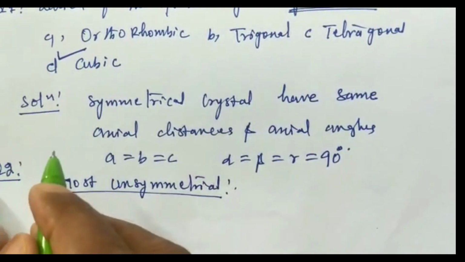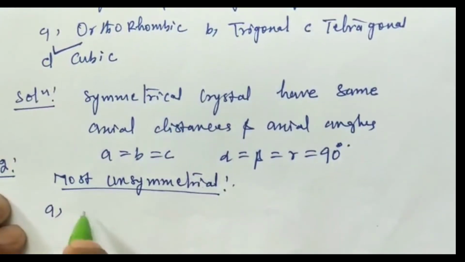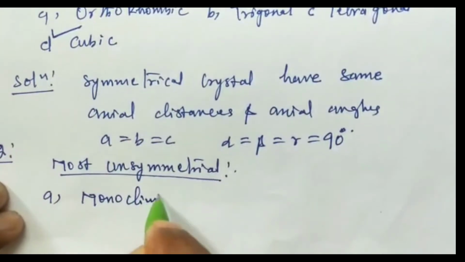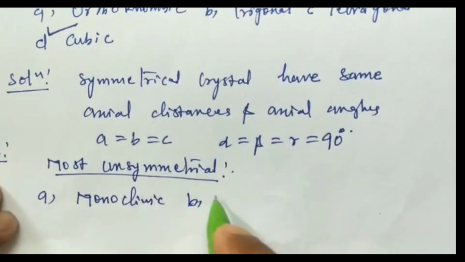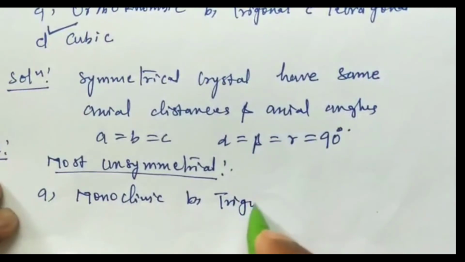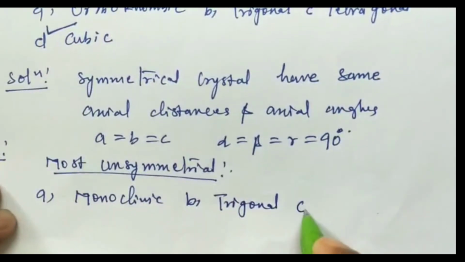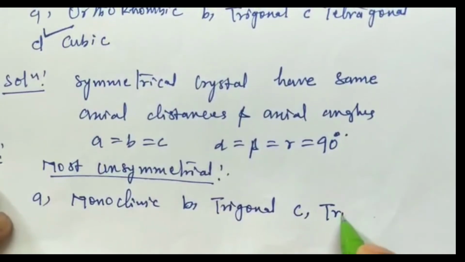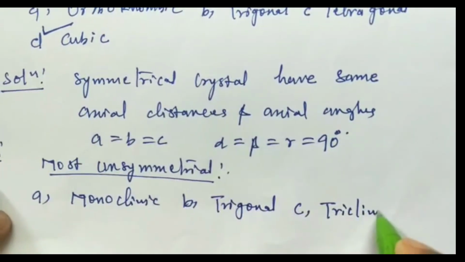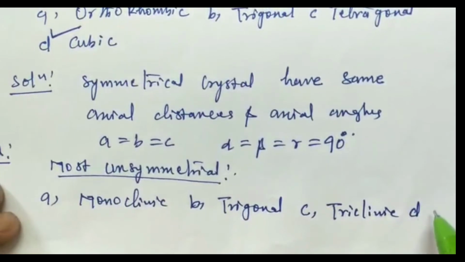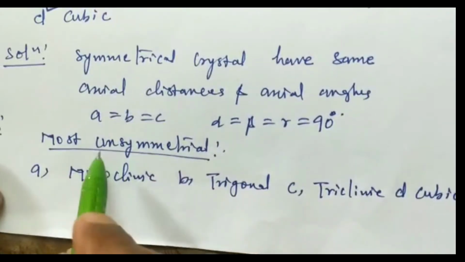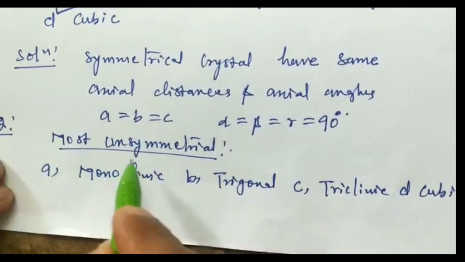Option A, monoclinic. B, trigonal. C, triclinic. D, cubic.